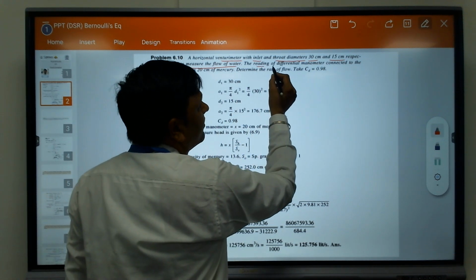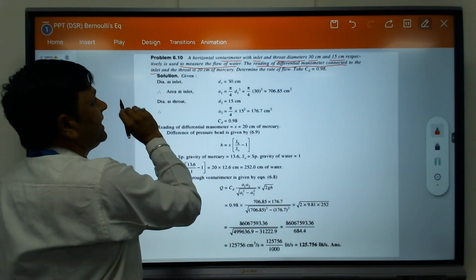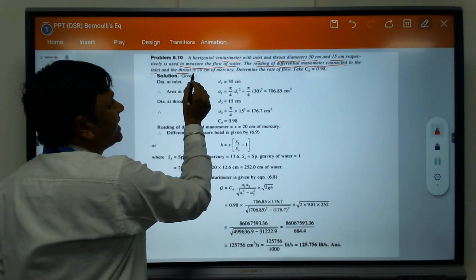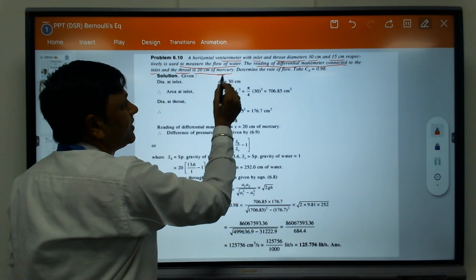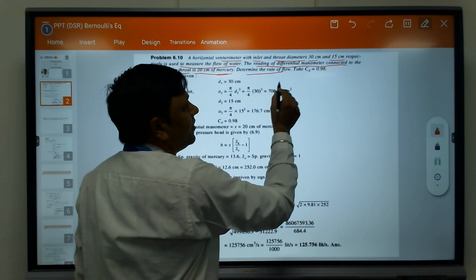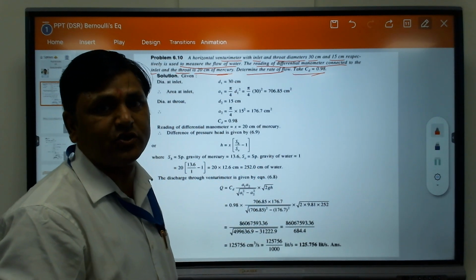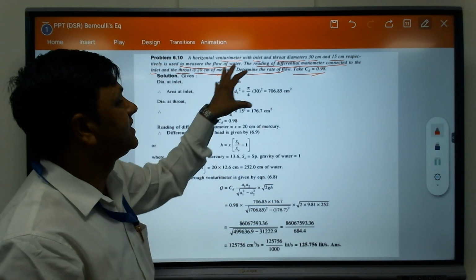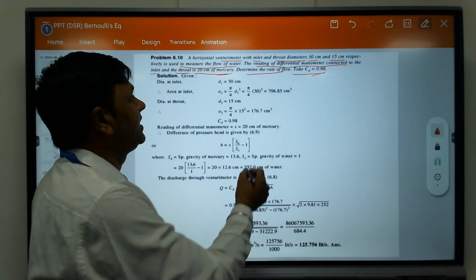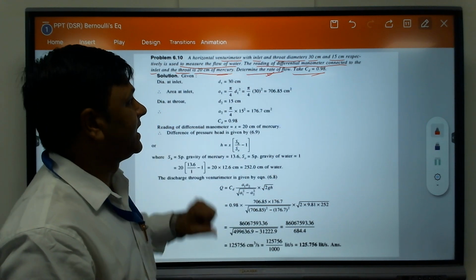The reading of the differential manometer connected to the inlet and the throat is 20 centimeter of mercury. Determine the rate of flow, taking the coefficient of discharge as 0.98. Here in this problem we have to calculate the flow rate of the liquid using these data.